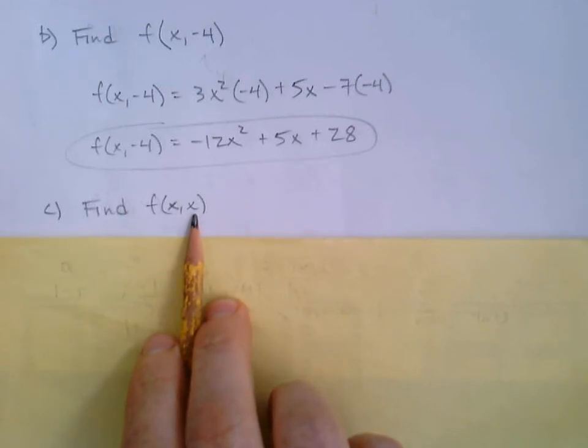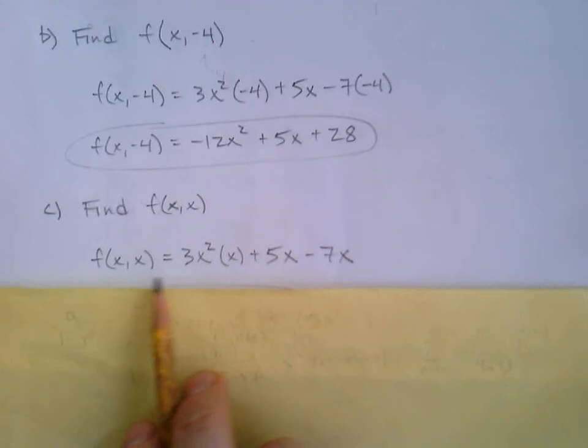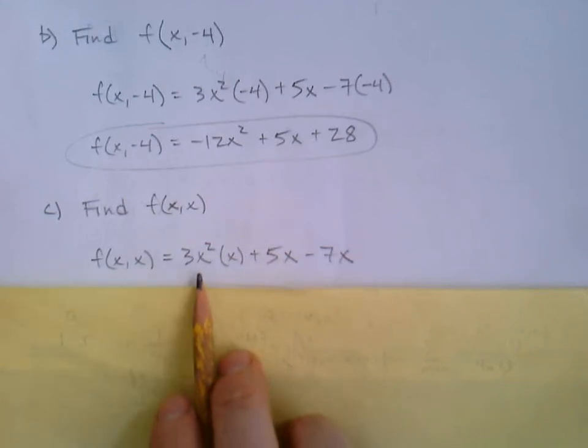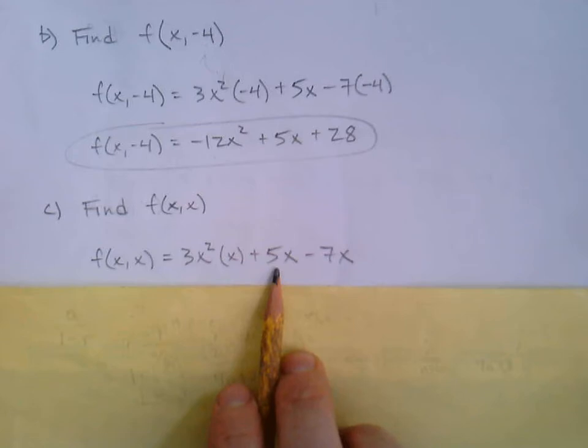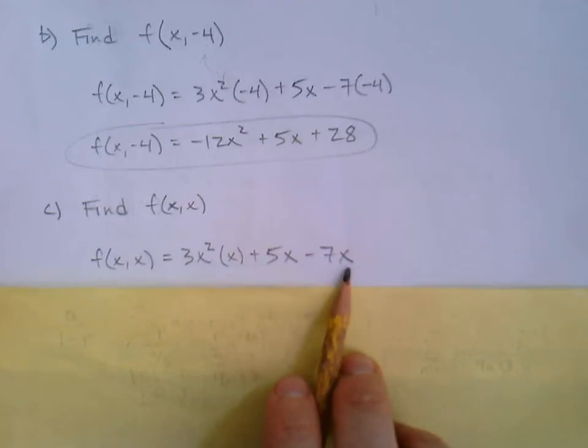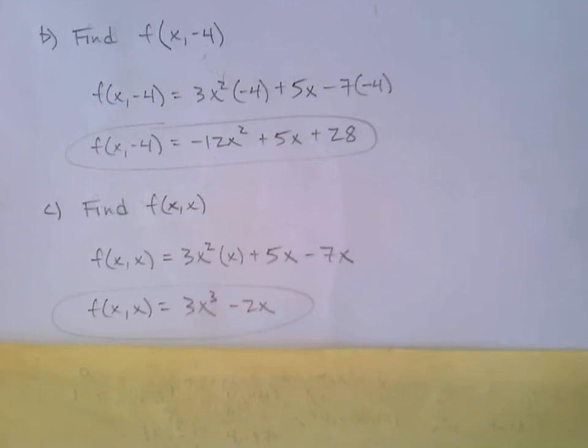So you're replacing the y's with x. So f of x comma x is 3x squared, and now this y became an x, plus 5x minus 7, and that y became an x. And what do you get? f of x comma x is 3x to the third minus 2x when you simplify.